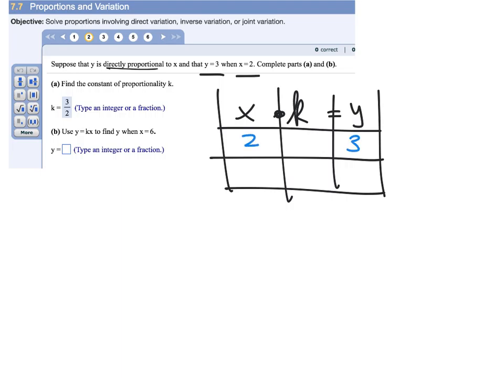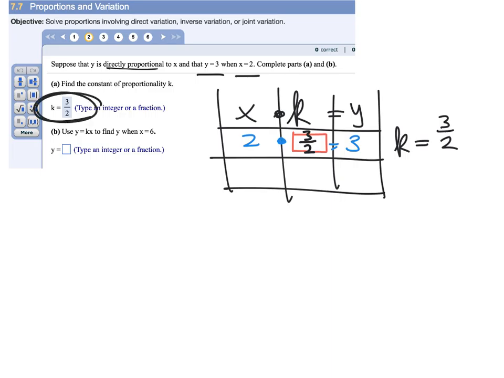So we're supposed to figure out if x is 2 and y is 3, then what the heck is k equal to? Well, the way you find k is you divide 3 divided by 2. Well, 3 divided by 2 is not a whole number, so we're just going to leave it as a fraction, 3 over 2. So that means k is equal to 3 over 2.